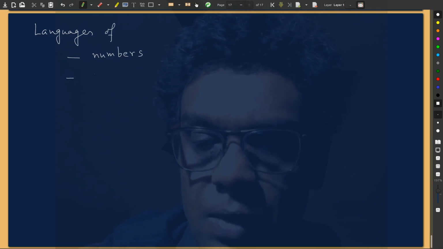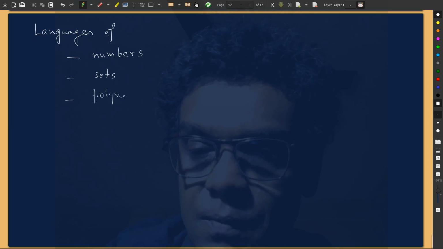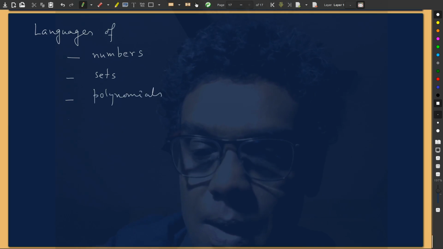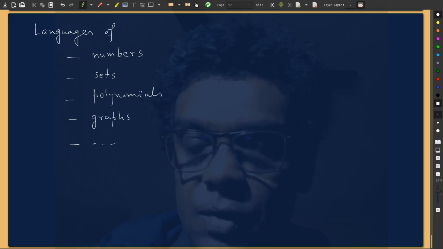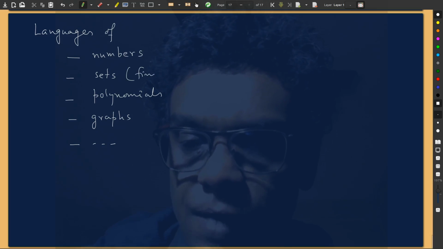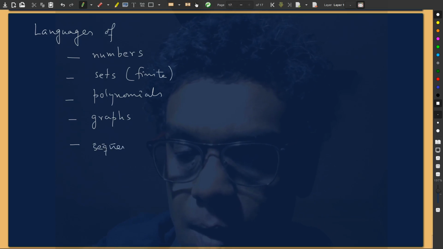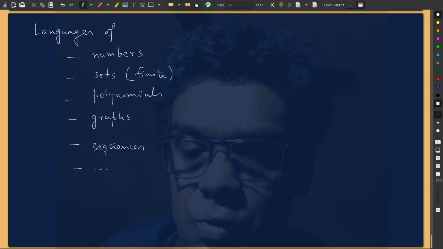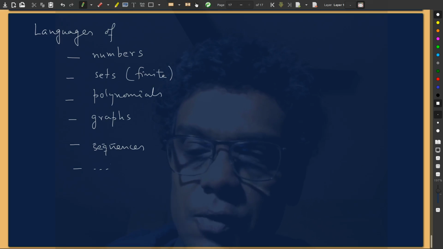We may also talk about languages of sets, of course finite sets, maybe languages of polynomials, languages of graphs, and so on. Numbers are not the only important things to us. Languages of sequences, maybe. There are many things which we may need to consider in computation while defining computations, not only numbers.